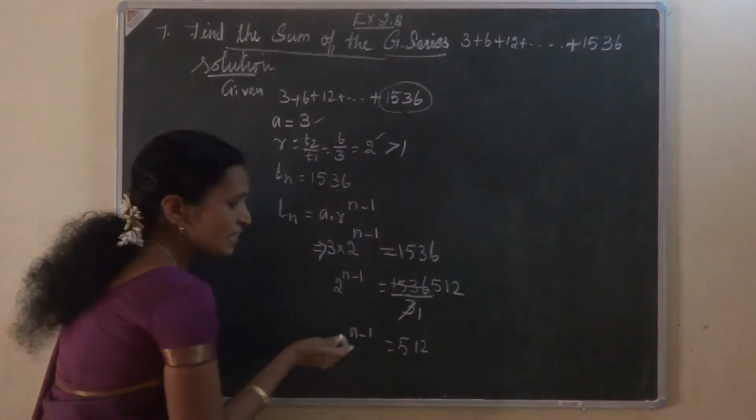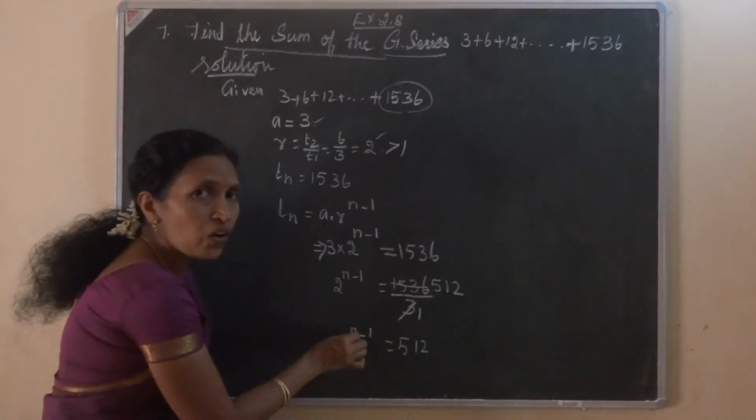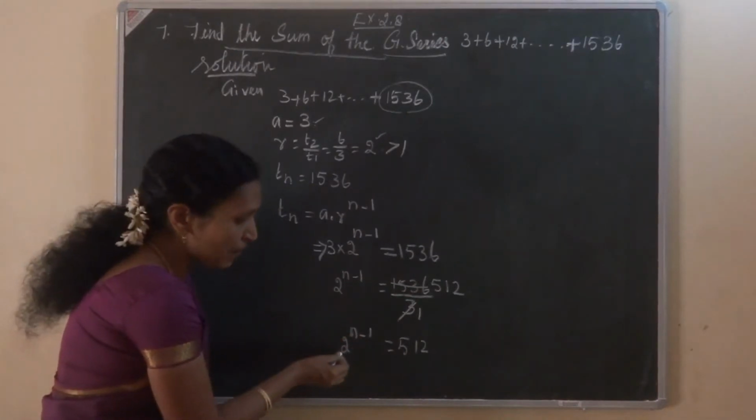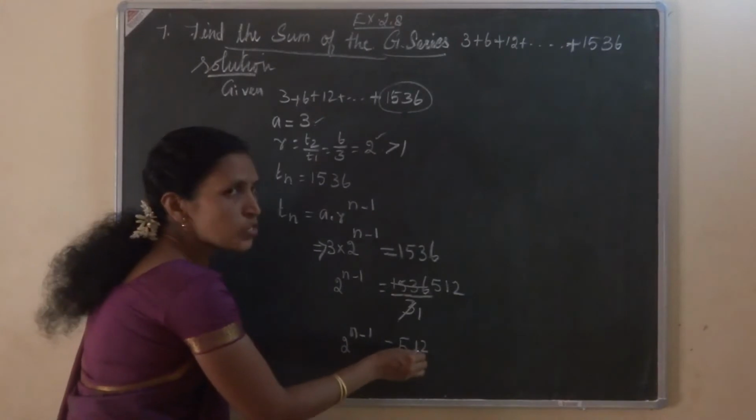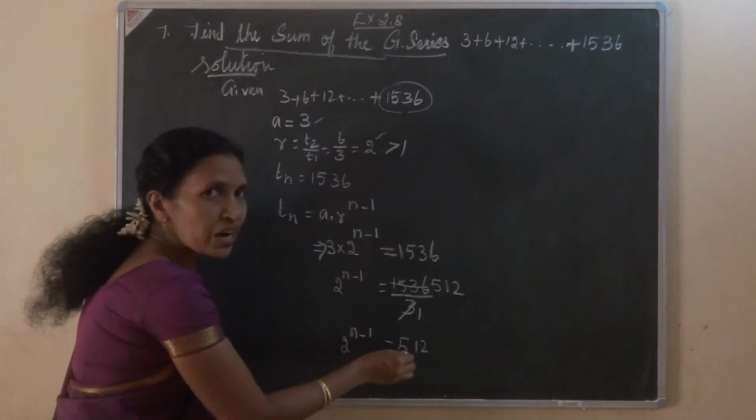Here we need the value of n. n is a power of 2, so this 512 we also consider as a power of 2.